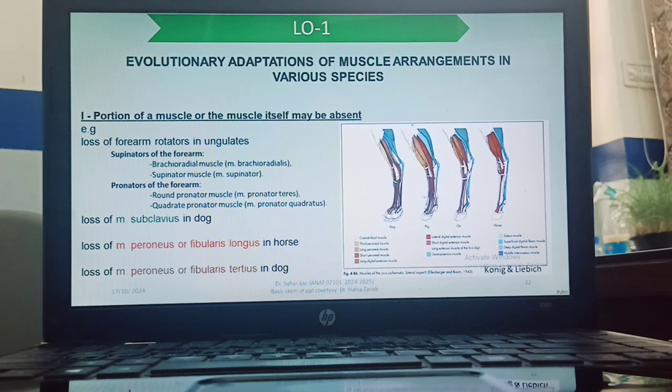The supinators, the pronators, are not functional where the rotational movement is not possible between the radius and ulna. Brachioradial muscle, the supinator muscle. The brachioradial is only present in dogs. The supinator is present and functional in dog. In the other species, it will not be required and it will not be functional. It will not be present.